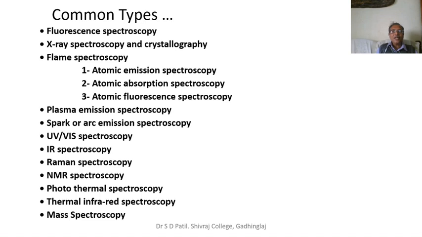Out of these, as I mentioned in the beginning, we are going to learn UV spectroscopy, infrared spectroscopy, NMR spectroscopy and mass spectroscopy. These are to be studied in detail with reference to organic chemistry, because they are to be applied for organic compound analysis.